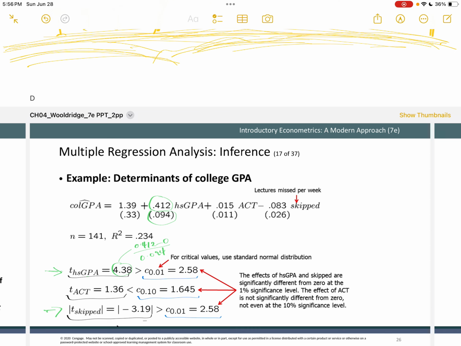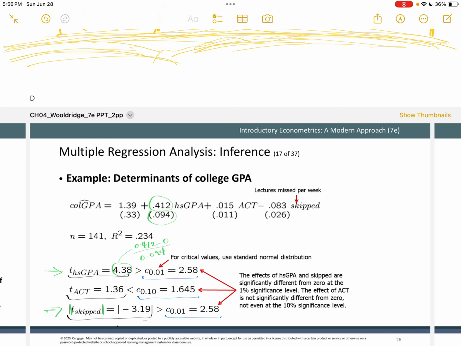Now on the bottom, skipped classes or skipped lectures, right? Now that's a two-sided test. How do I know that? It's the absolute value. And how do we calculate this? Well, we take the negative 0.083 divided by 0.0286.